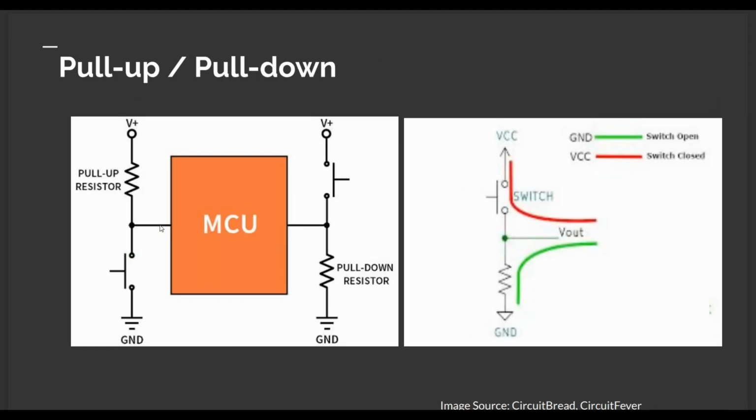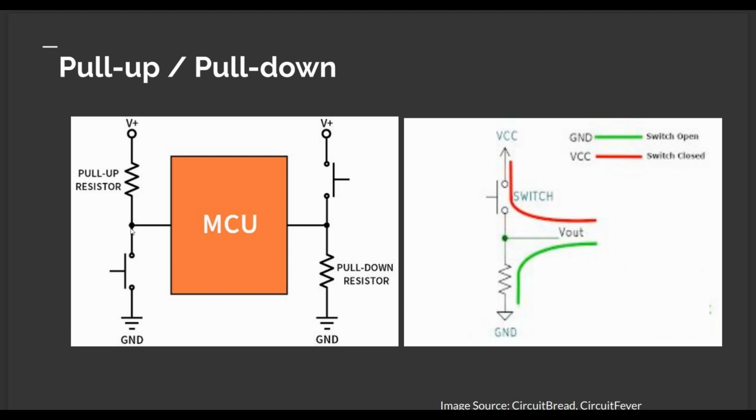So let us go to pull up and pull down. Pull up and pull down are concepts used when the GPIO is in tri-stated or floating state. We don't know the state of the GPIO and we want one definite state to be applied to the GPIO. In that case, we can use a resistor, called a pull up or pull down resistor.